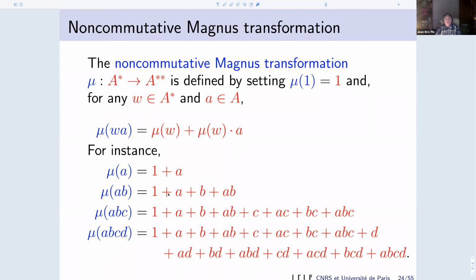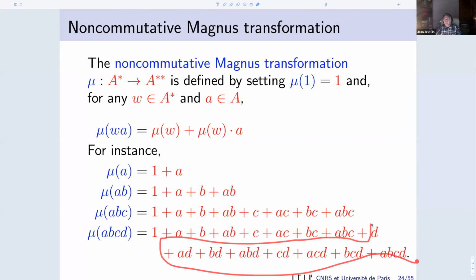So you see 1 plus A plus 1 plus A times B. So you get this. Mu of ABC is this. And if you want to compute mu of ABCD, you start by reproducing this part, and then you multiply this part on the right by D to get this second part over there.